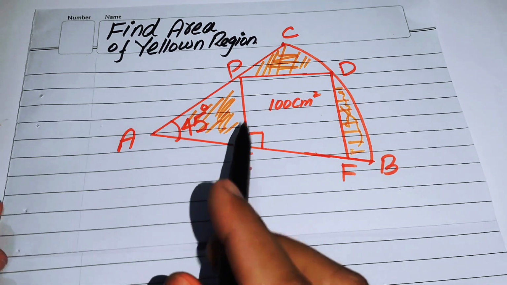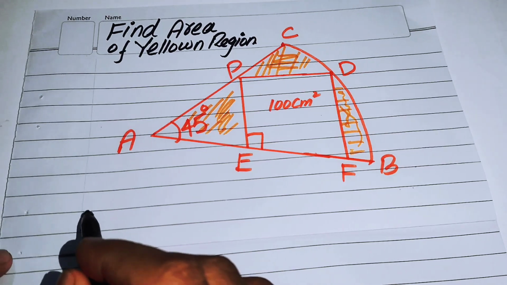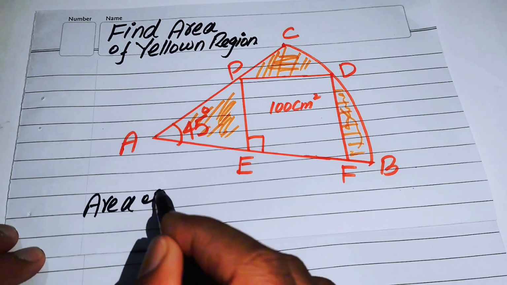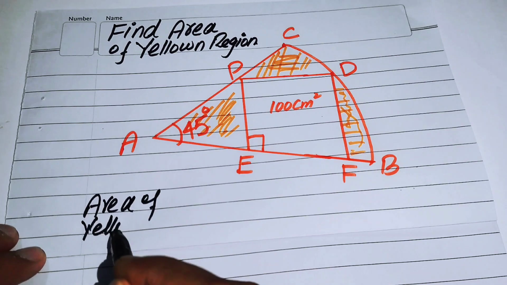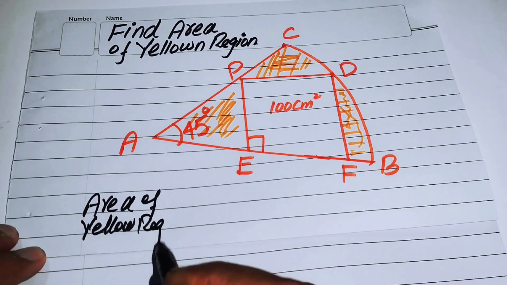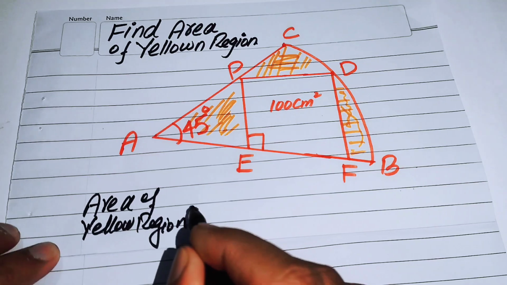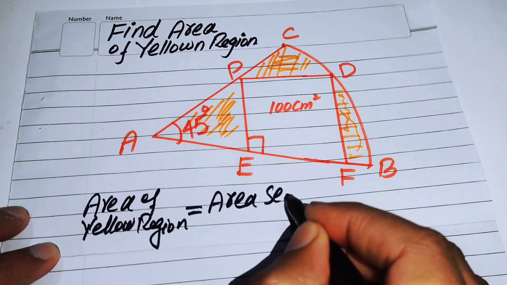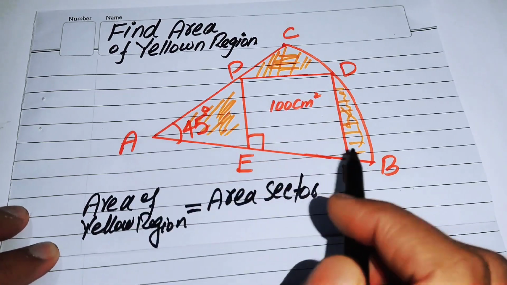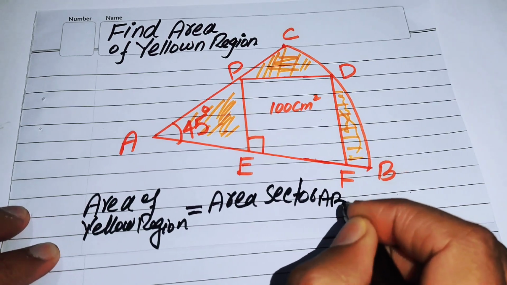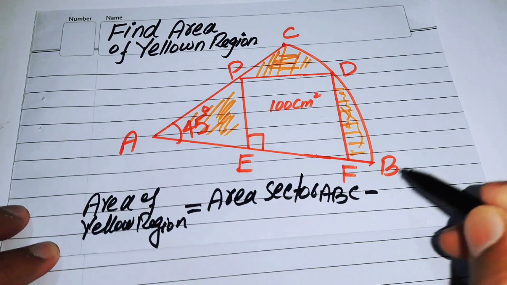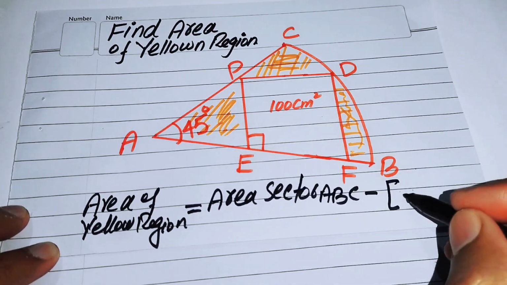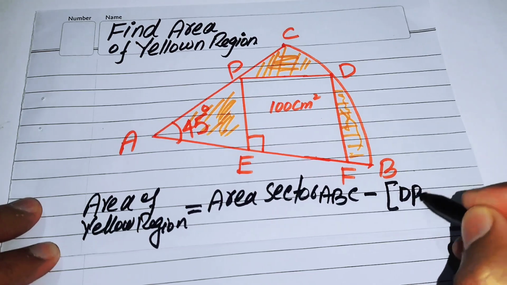In order to find the area of the yellow region, I can just write the formula: area of yellow region equals area of sector ABC minus area of square DPEF.